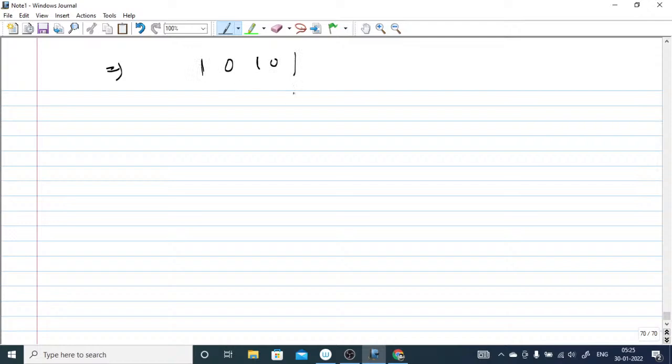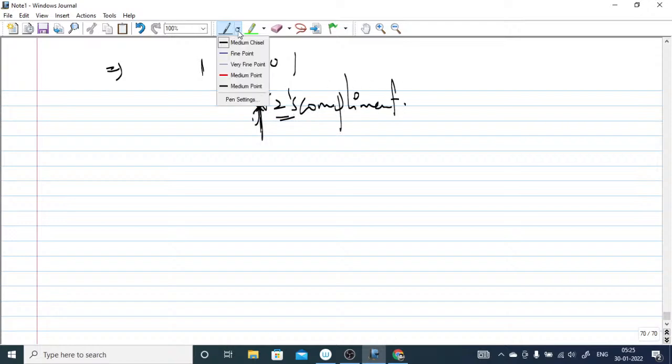What you have to do, you copy this and take the 2's complement of this. This will be 1 1, because the bit is already 1, and 0 means 1, 1 means 0, right?